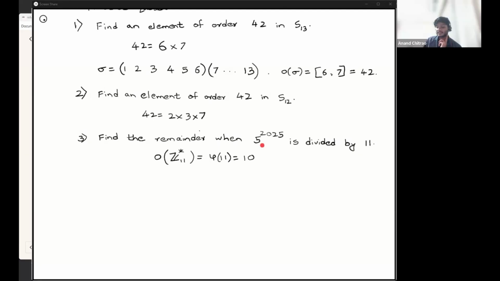Now, the order of an element divides the order of the group. That says the order of 5 divides 10, which means 5 power some number is 1, and that number divides 10. So this means 5 power 10 is congruent to 1 mod 11, right?